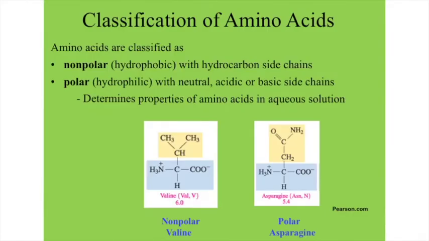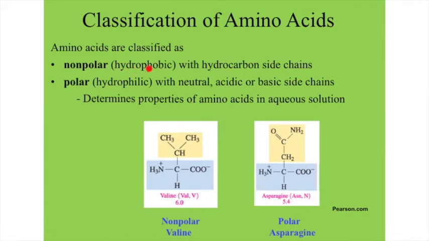Okay, so I kind of went through the classification on the last table, but we're going to break it down and talk about it a little bit more individually. So amino acids are classified. There's 20 of them. They're classified as nonpolar, which are going to be hydrophobic. There's no polar bonds. They're all nonpolar. And so they will not be soluble in water.